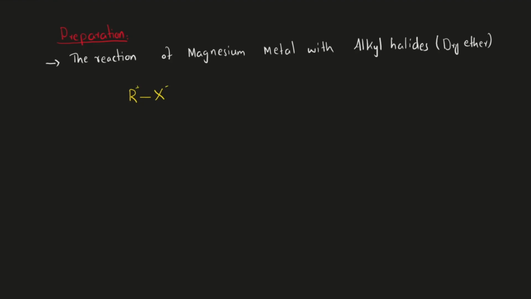We take alkyl halides and react them with magnesium metal in the presence of dry ether, and we get R-Mg-X, an alkyl magnesium halide. You can see the charges: a partial positive charge appears on magnesium, and the alkyl and halide both carry a partial negative charge.